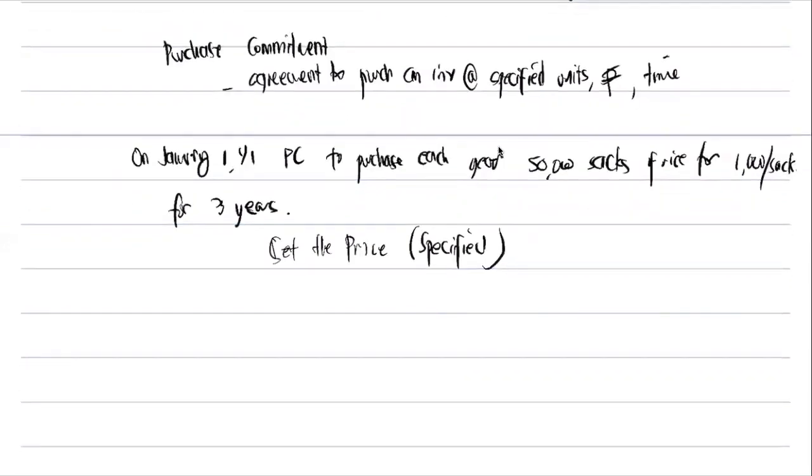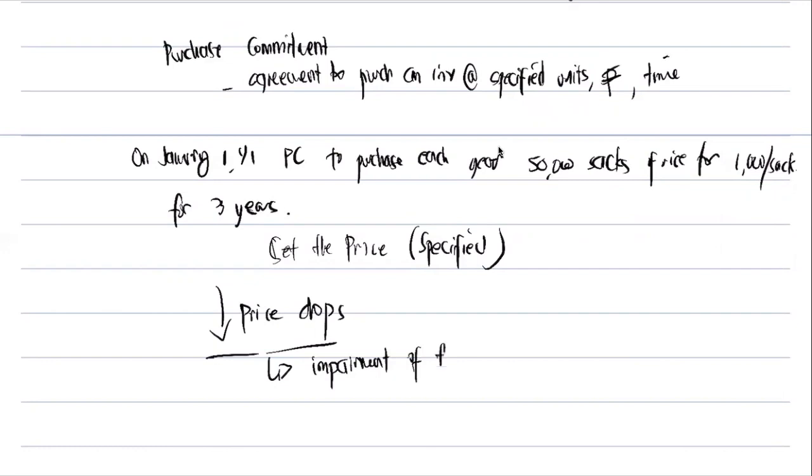So our problem is, what if the price drops? What is the effect? The price drop here is treated as an impairment of the inventory. However, we don't call it impairment per se by recognizing COGS and crediting inventory.